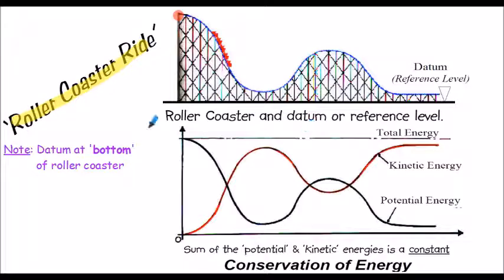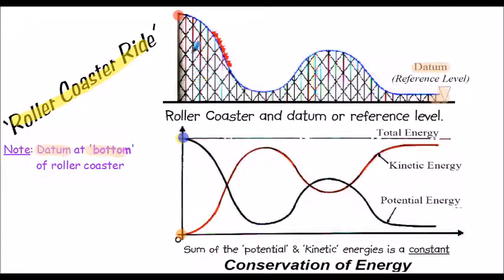If I was to consider a datum for our particular roller coaster ride at the bottom of the ride, shown here, then in energy terms, we would have initial potential energy, shown here on a diagram, but we'd have no kinetic energy, shown here on a diagram.